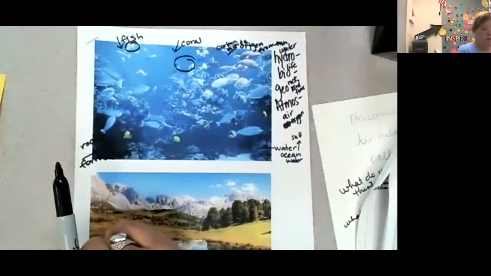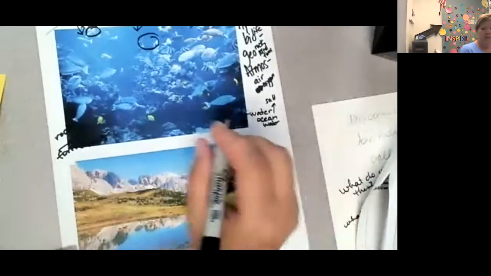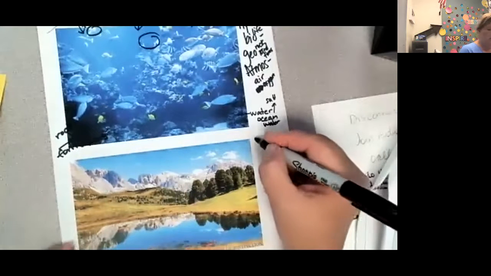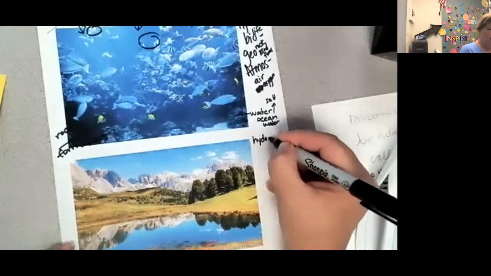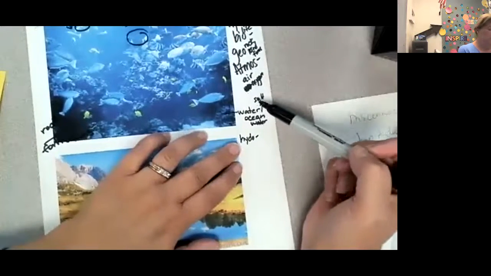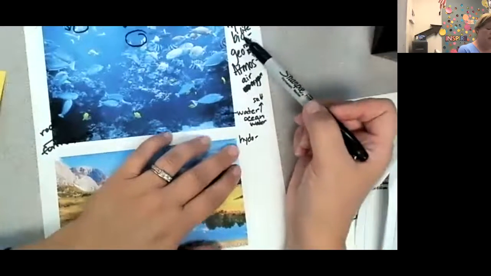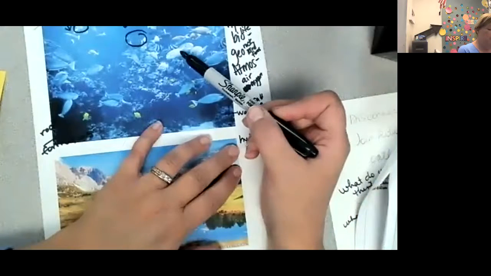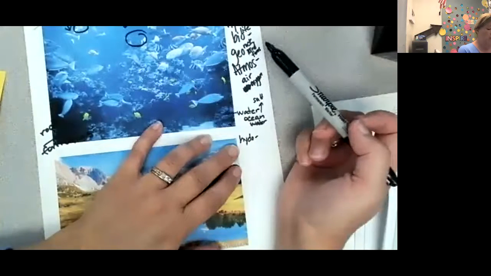Right, so you would just kind of graffiti that on the paper, or I think there's another form where you could just write next to hydrosphere, you would write ocean water, that it's salt water. Next to bio, you would write the fish, maybe the coral.